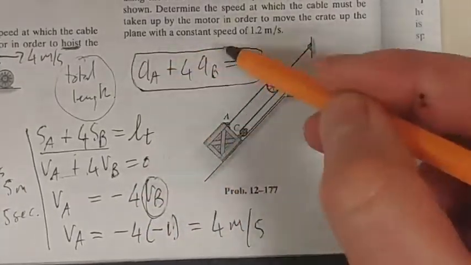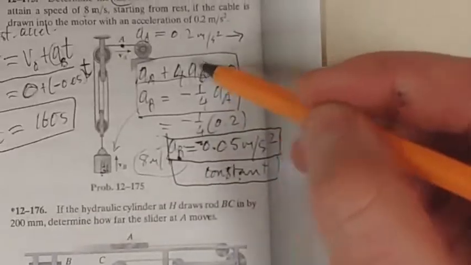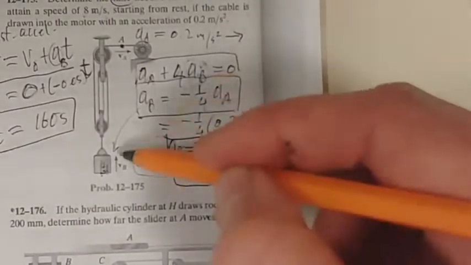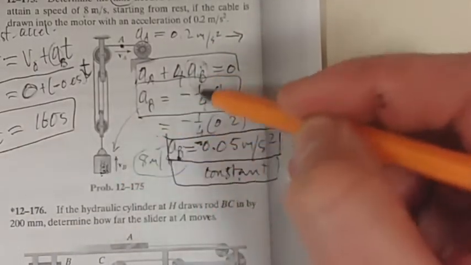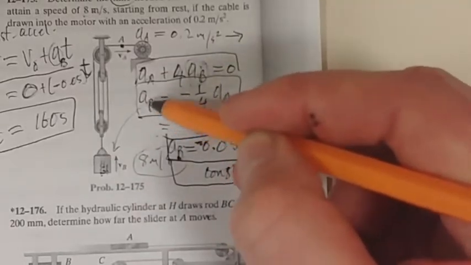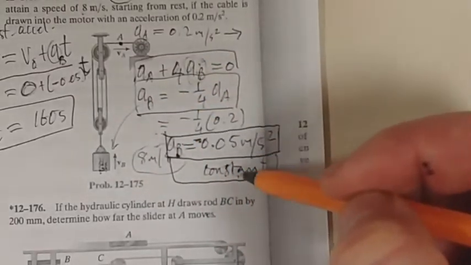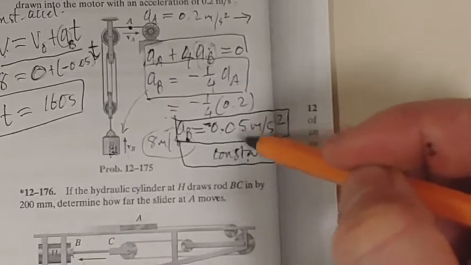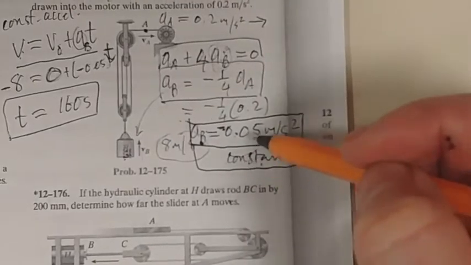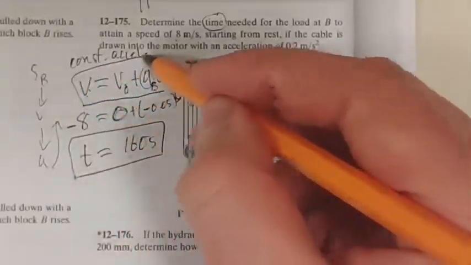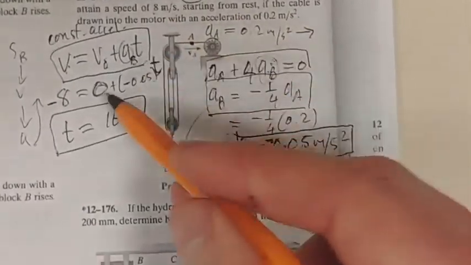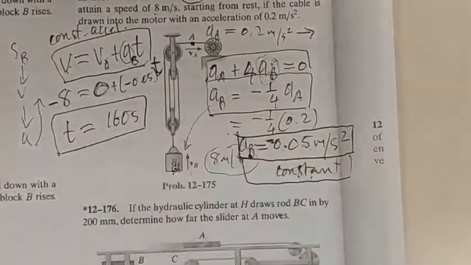So I took this, I wrote it down there, I solved for B because that's what we're looking for, the velocity of B. So I needed the B information, acceleration of B. I calculated that. I saw, oh, it's constant. Oh, I know what to do when it's constant. I can use one of these equations. I'm looking for the time. I used this one, I calculated that.